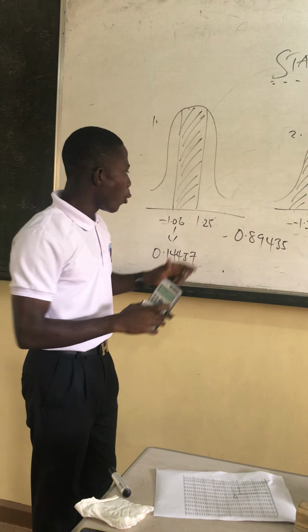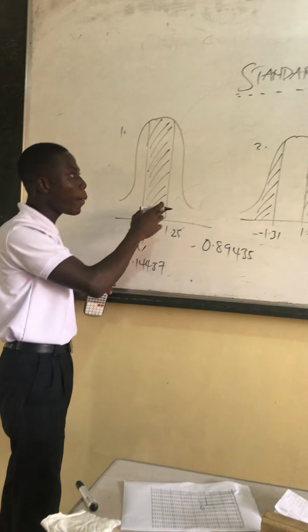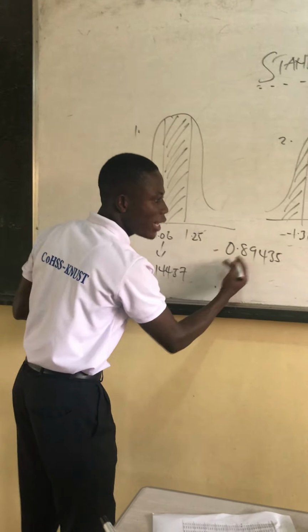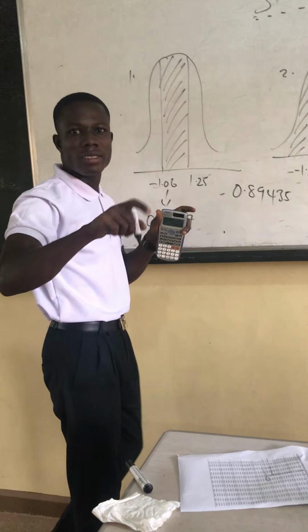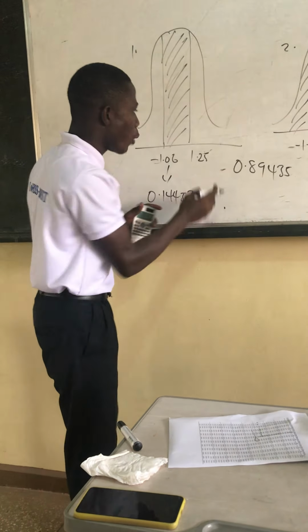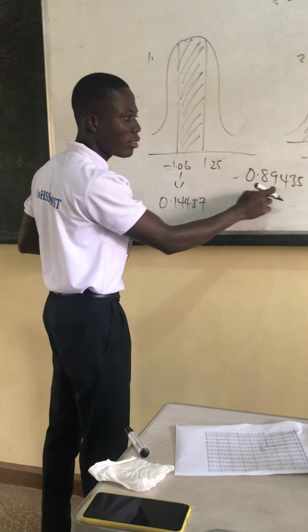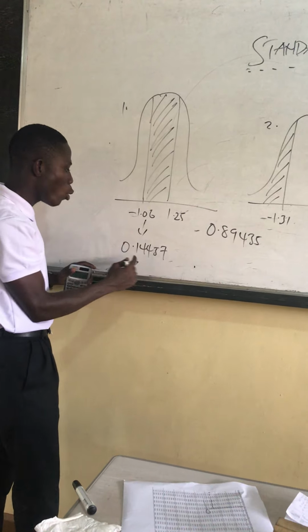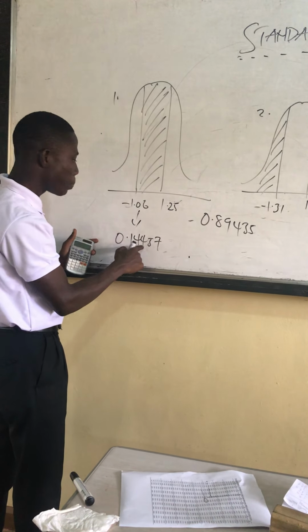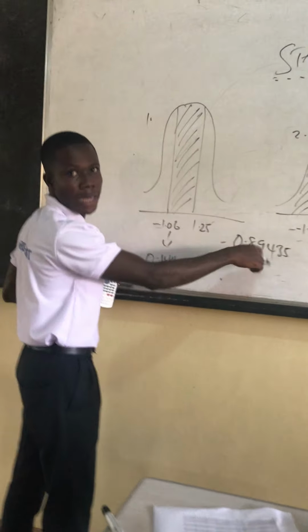So please, when you are given a distribution whereby the middle is shaded, you find this, then you find that. If you are done, then you subtract the smaller one from the bigger one. So right now with 1.25, I got 0.89435. With negative 1.06, I got 0.14457. This one is smaller than this one.